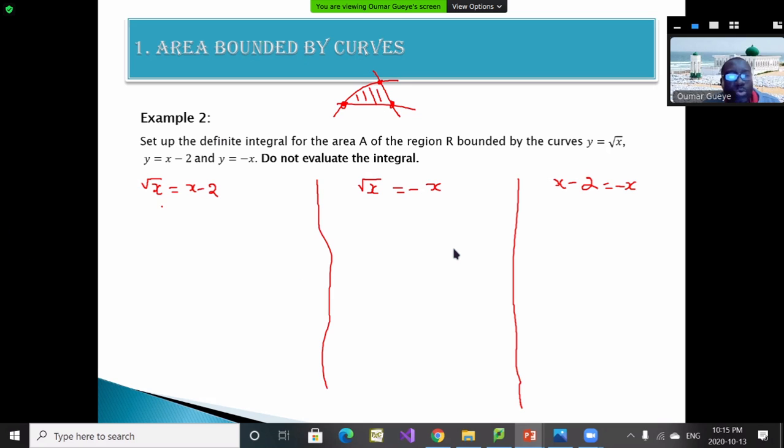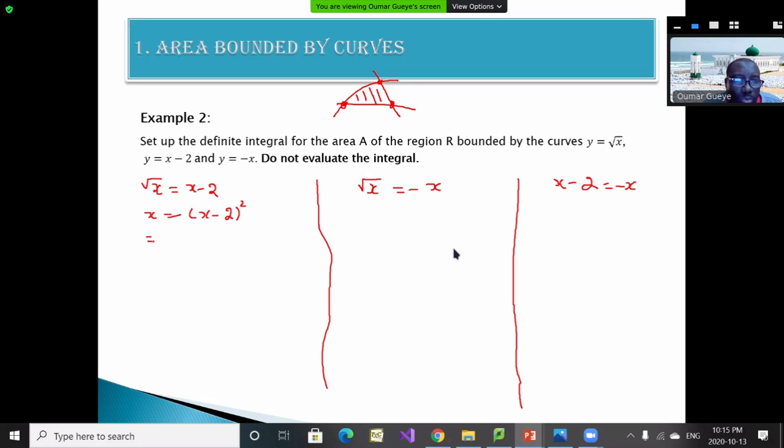Now to solve this one, we have to square both sides. So we'll get x equal to x minus 2, you square it. Right?